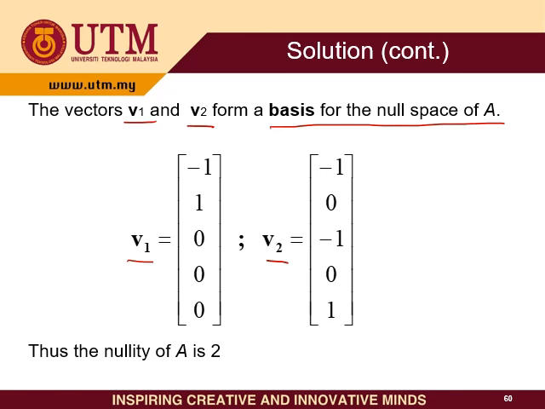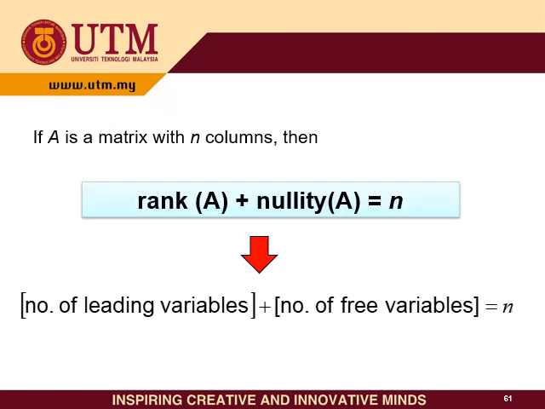The nullity, the dimension here, is 2, because we have v1 and v2 as our basis for matrix A. If you look closely, if matrix A here has n columns, then if you add rank and nullity, you will get your n for the matrix.